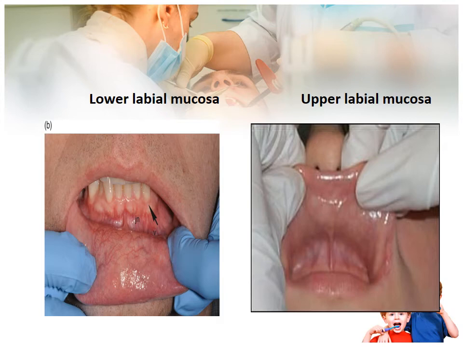As we see, the labial mucosa is examined using direct vision by elevating the tissue over the finger or thumbs, followed by bidigital palpation of the tissue of the lower lip, and as I'm going to see the upper labial mucosa, we try to move tissue from side to side and try to visualize the frenum.